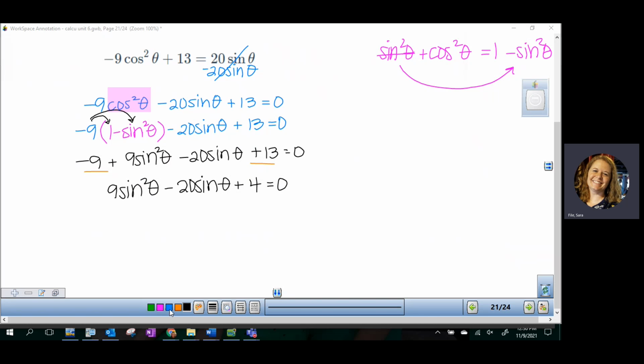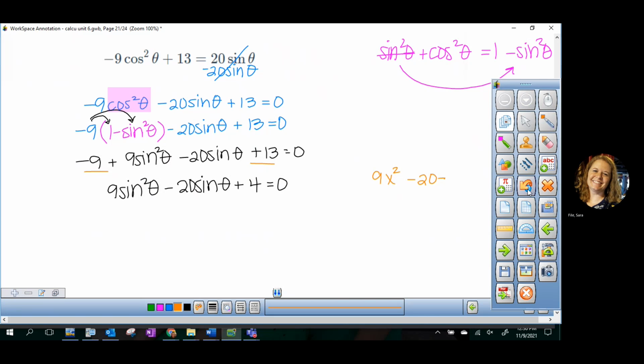Remember, you do not have to do what I'm about to do, but for some people, just seeing the trig functions is too confusing. So if you need to rewrite this with just x instead of sine, you could rewrite it like this.